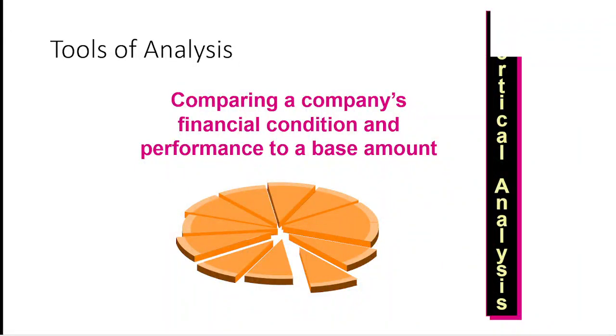So we compare each and every line in the profit and loss statement to the total revenue and compare the percentage out of it. And then we look at this number and say, okay, how much is it as a percentage of the revenue, and then we usually compare with the previous years, or with the competitors.